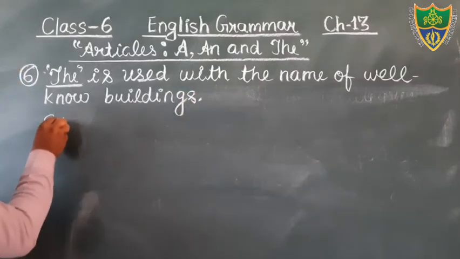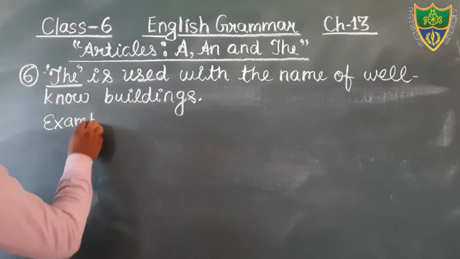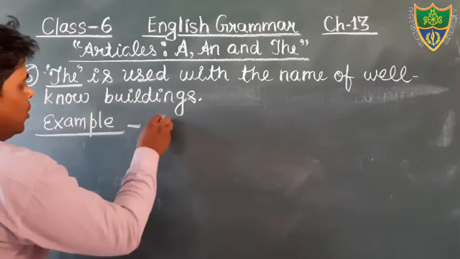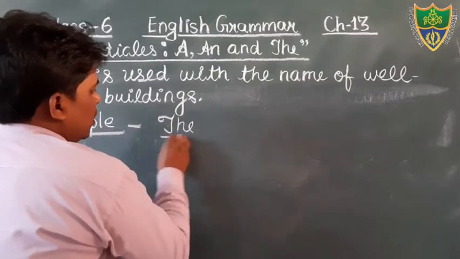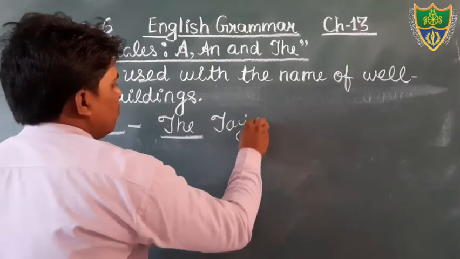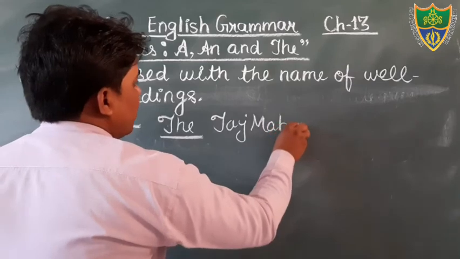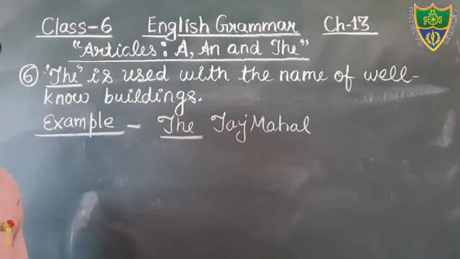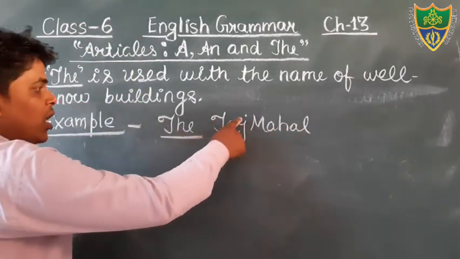Example you can see. You can write the example. The Taj Mahal. Taj Mahal is a famous building, and we will use the article the before the word Taj Mahal.